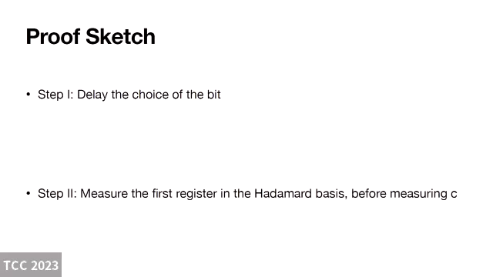The first step of the proof is somewhat standard in this setting, which consists of delaying the choice of the bit. So we entangle the phase of the quantum state, as you saw before, with an extra register that we keep locally, which contains a uniform superposition of 0 and 1. In the second step, instead of just measuring the register in the computational basis, we first measure it in the Hadamard basis and then measure it in the computational basis.